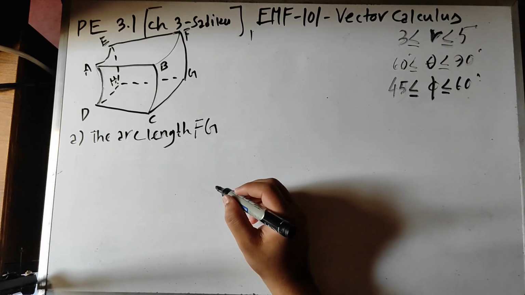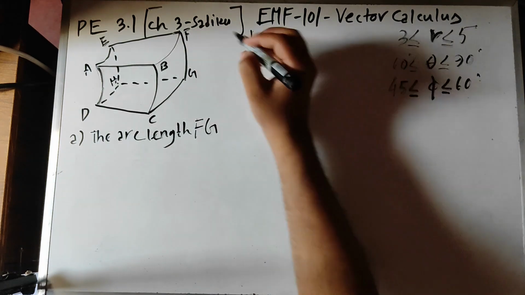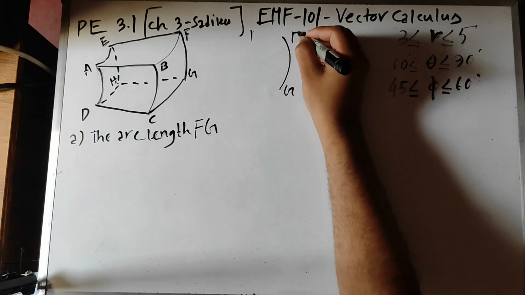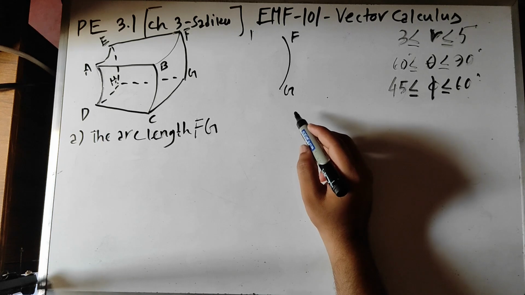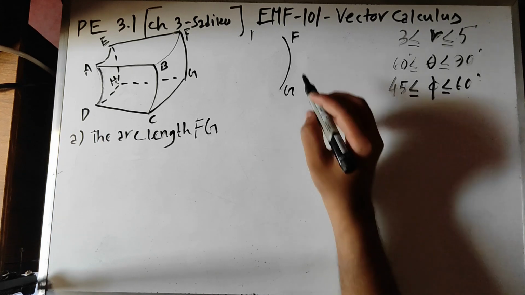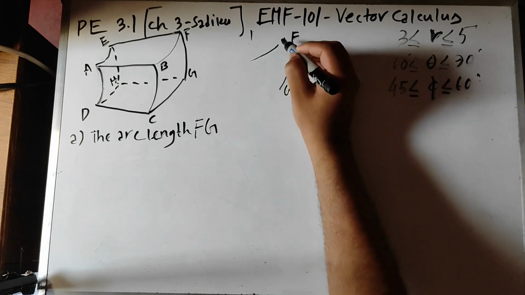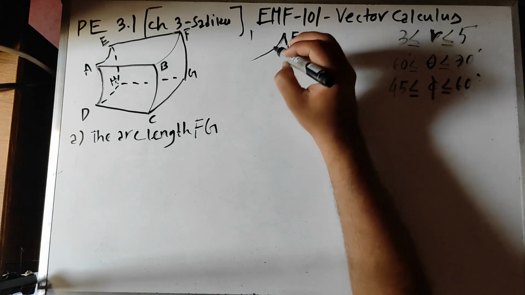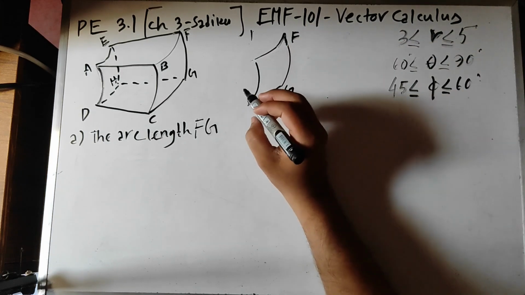So now we have to find the arc length FG. So FG is here. This is FG. So in the spherical system, this arc is obviously part of the surface r equals 5 of the bigger surface FGCB.